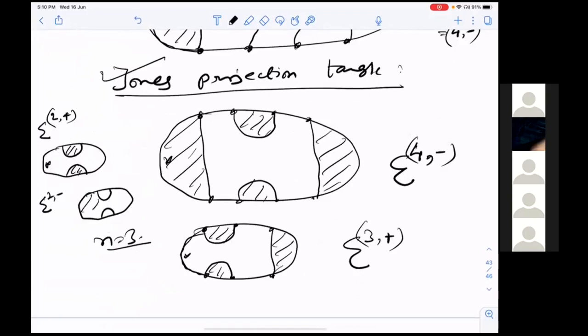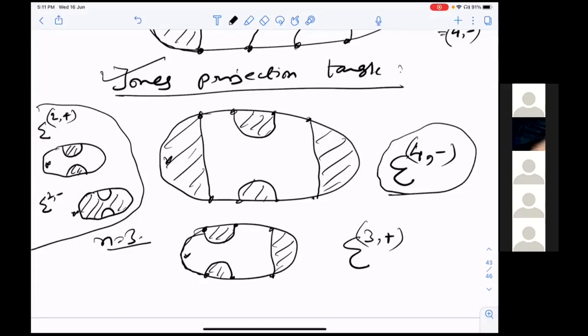Just the shading will change, and this is the star. This type of tangle is called a Jones projection tangle. It will be clarified at the end why these are called Jones projections. This is epsilon 4 minus. This is because there are 8 mark points in the external disk, and the star is in the black region. That is why it is 4 minus.